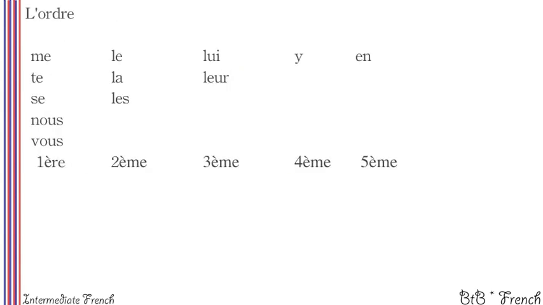Si on utilise plusieurs pronoms compléments, on doit les placer dans l'ordre. If one is to use several complement pronouns, it is required that you put them in order. The first group that goes before all the rest of the pronouns are me, te, se, nous, vous.